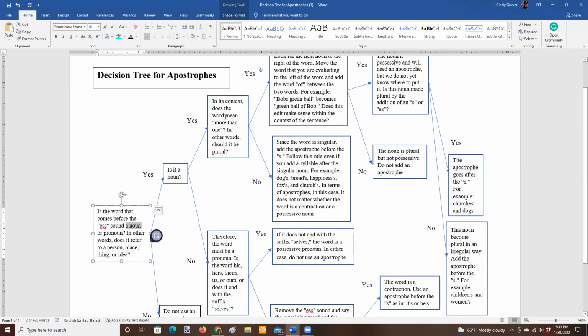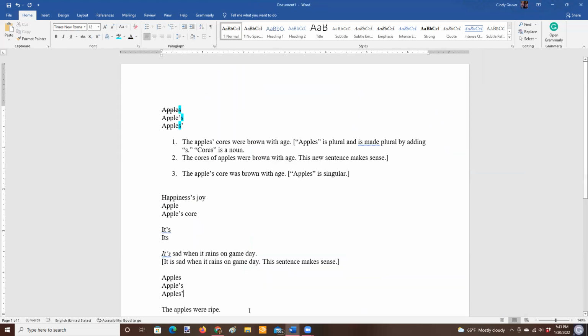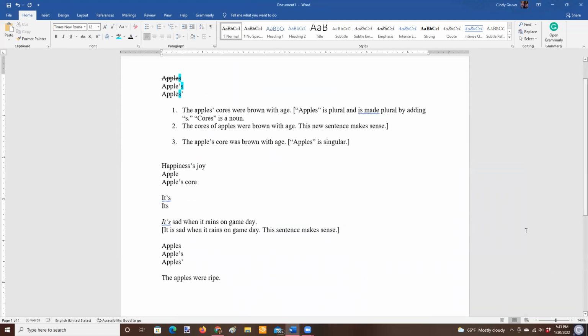In this context, does the word mean more than one? Well, let's just see what we know about this. The apples were ripe. Well, I'm the writer of this sentence and I knew what I meant. I meant more than one. But if I'm editing someone else's work, another clue as to what the writer meant was the word were. Were is a plural verb, so it has to have a plural subject.